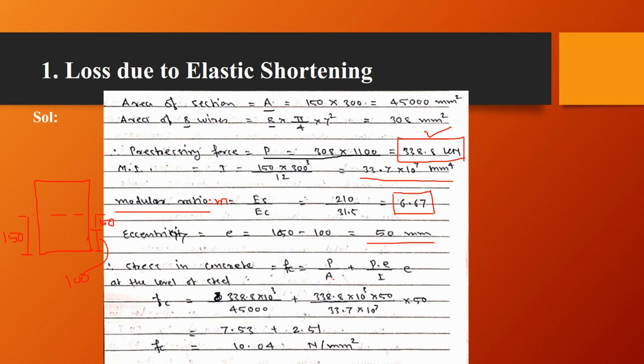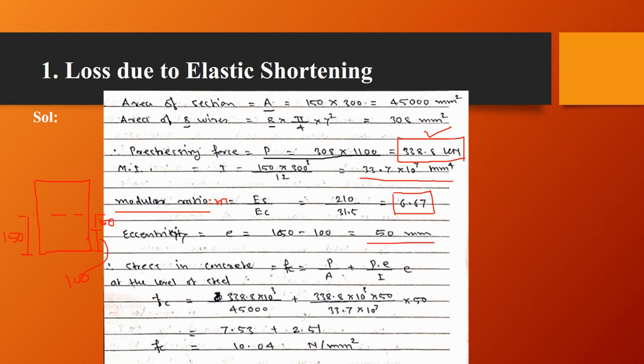The direct stress is P by A, then the eccentricity term is equal to PE by Z, you can use PE by I into e.